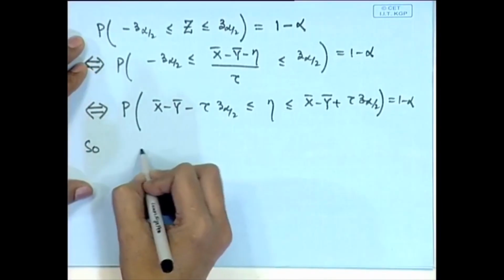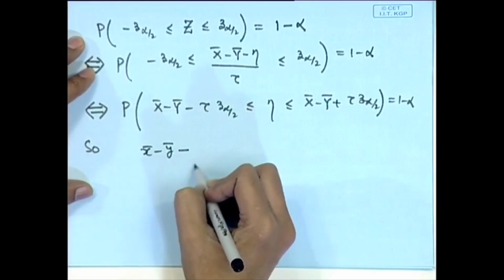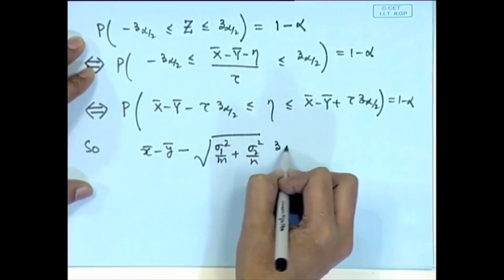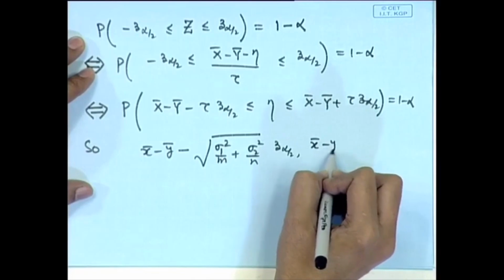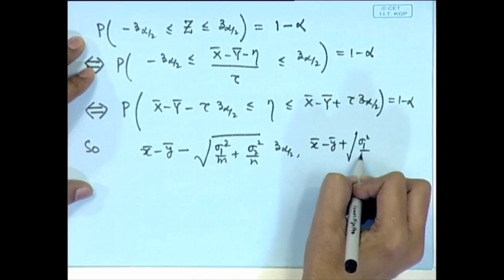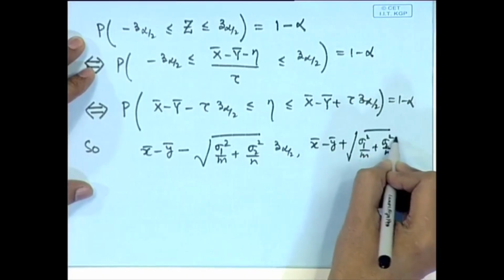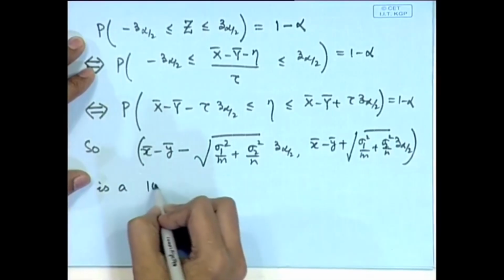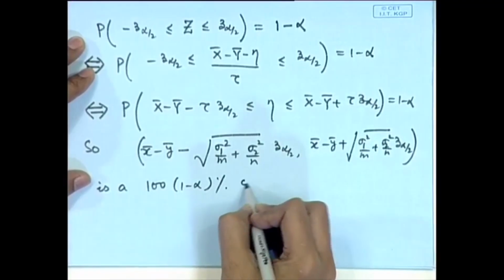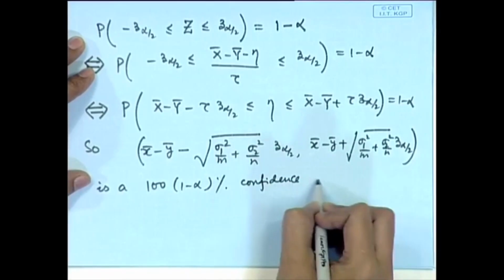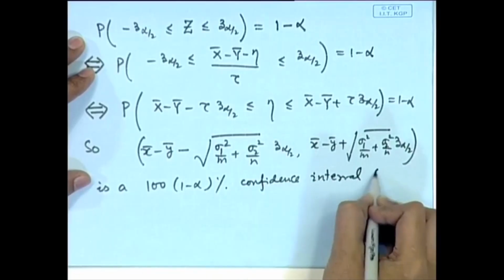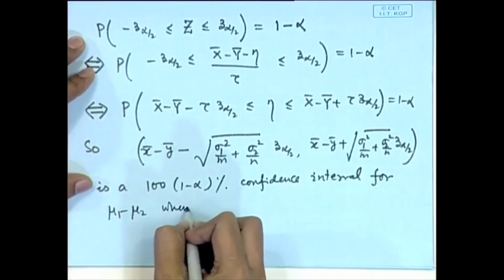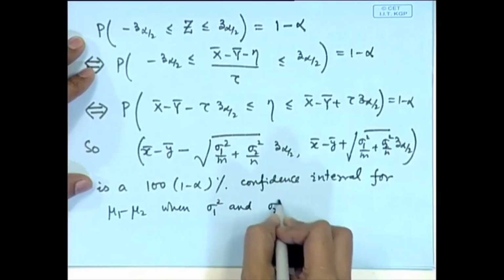So, we get x bar minus y bar minus square root of sigma 1 square by m plus sigma 2 square by n z alpha by 2, to x bar minus y bar plus square root of sigma 1 square by m plus sigma 2 square by n z alpha by 2, as a 100 1 minus alpha percent confidence interval for mu 1 minus mu 2 when sigma 1 square and sigma 2 square are known.